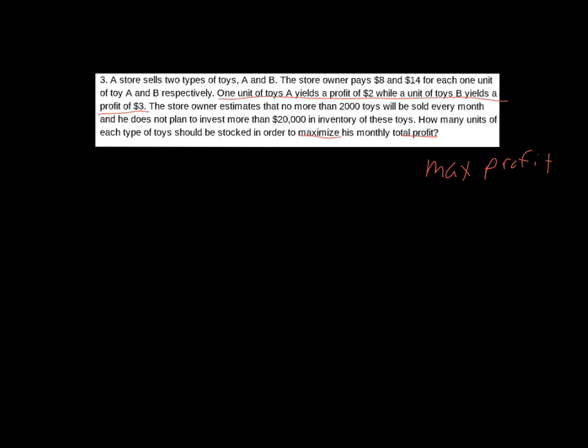Toy A, let's consider x to be the number of toy A and y equal to the number of toy B. So the objective function will be: toy A yields a profit of $2, so 2x will be the total profit of toy A, and toy B yields a profit of $3, and so that's going to be 3y there.